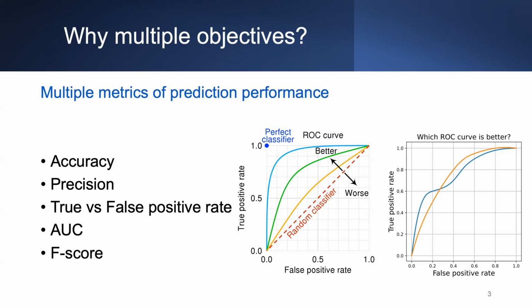But we know that when we actually deploy these models in practice, there are often several other metrics, right? Even if we look only within the domain of prediction performance, there are multiple such metrics, right?